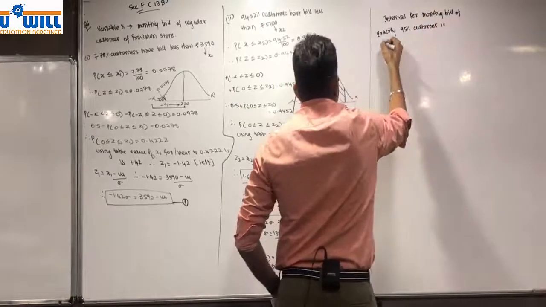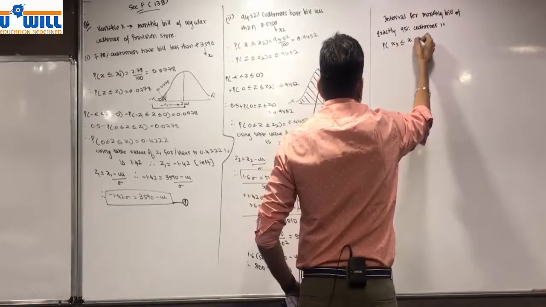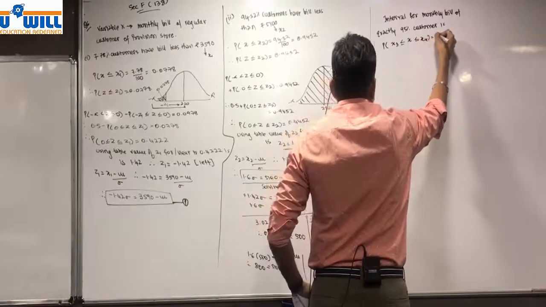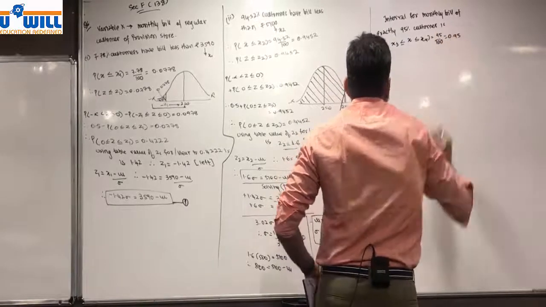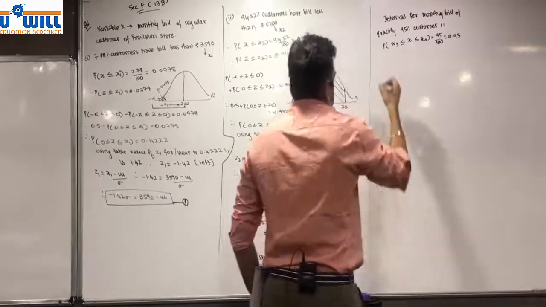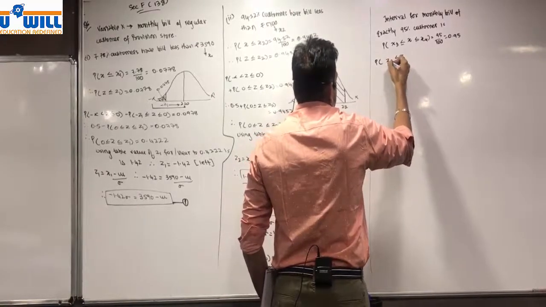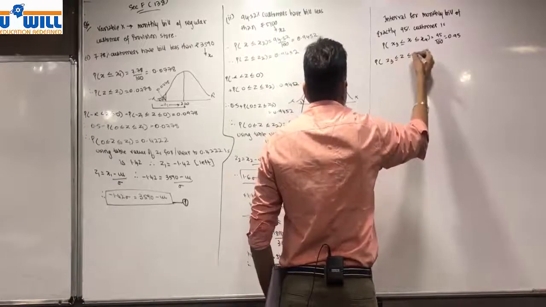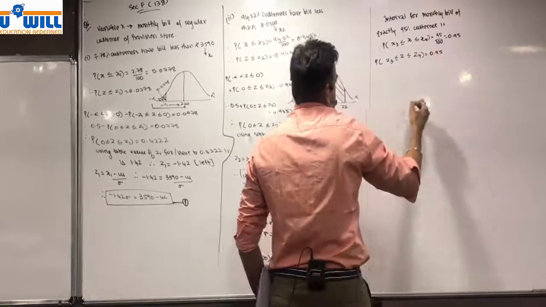First we find the probability of x greater than or equal to x3, less than or equal to x4, equal to 95 by 100, which is equal to 0.95. So probability of z greater than or equal to z3, less than or equal to z4, is equal to 0.95.